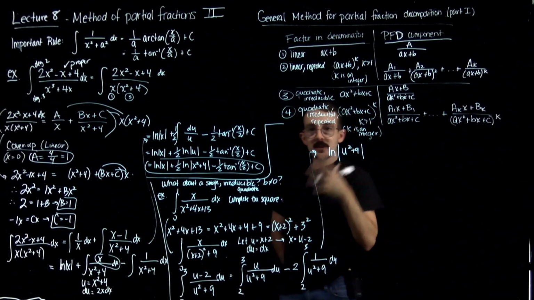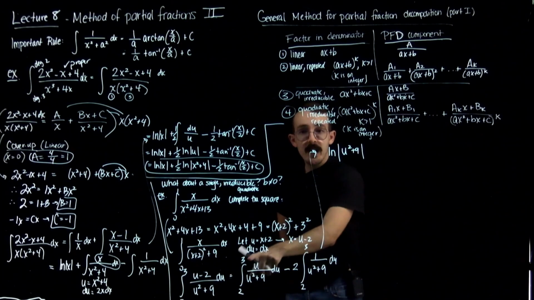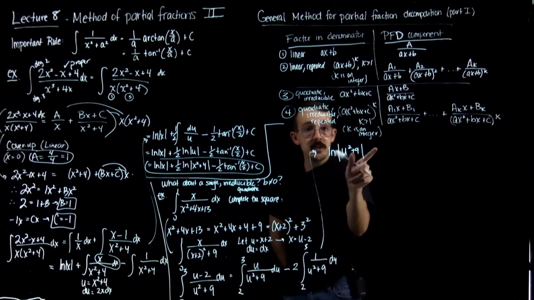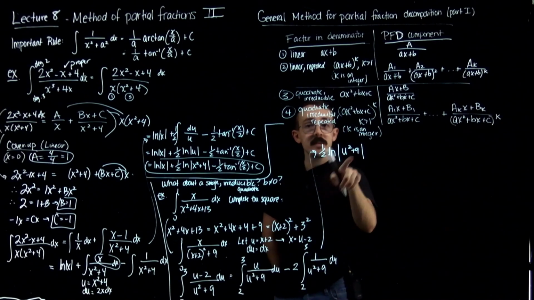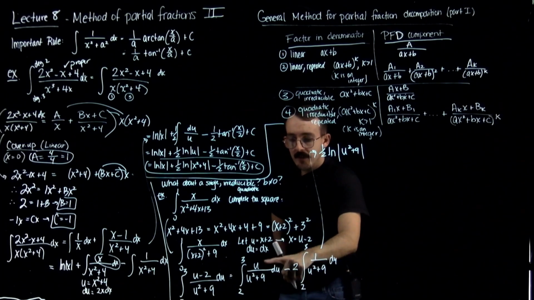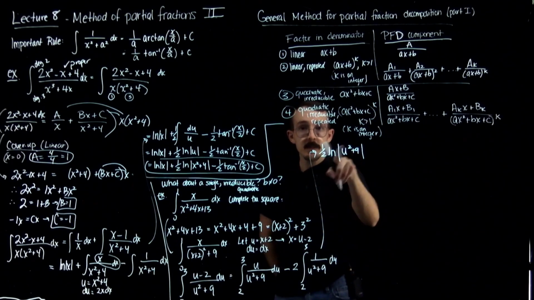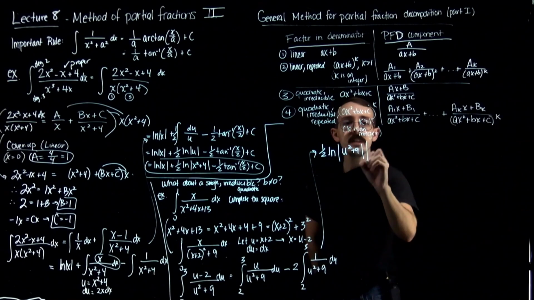However, if you took the derivative of this, you would get a factor of 2 out front. We don't have that here. You would get 2u, so to offset that, you need to put 1/2. So now truly, the derivative of this, you can check it, is going to be this. So if you ever see that the degree of the numerator is 1 less than the denominator, you typically have some kind of ln for the antiderivative. And then in here, I'm going to plug in 3 and 2.